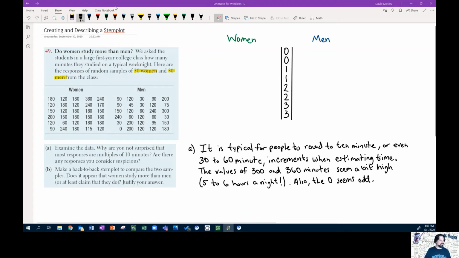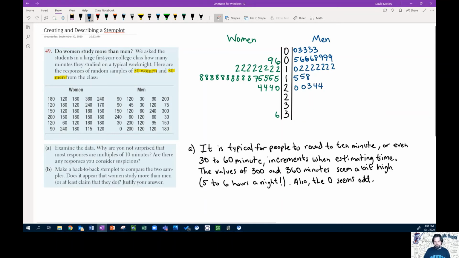So here we go. All right, so now we have my back-to-back stem plot that is using split stems.